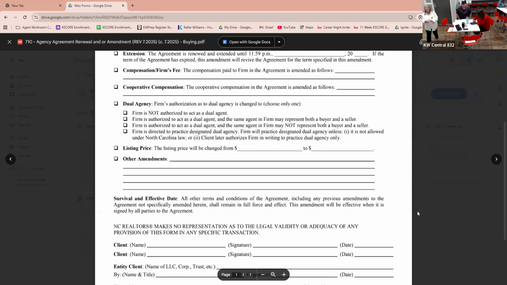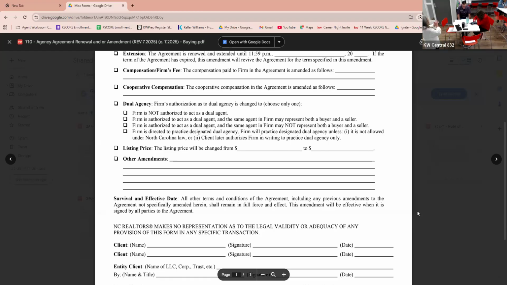So 4T modifies anything on an offer to purchase and contract. 710 modifies anything on a buyer agency agreement or on a listing agreement. We never modify a fully executed agreement. Ever. Ever. Say more when you say that, we never modify a fully executed agreement, that's when everybody signed it?